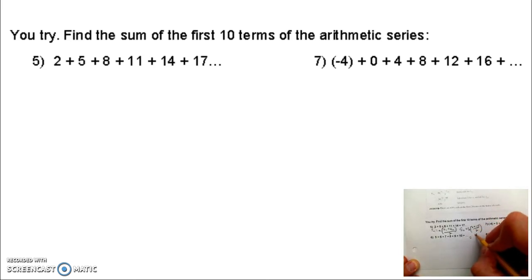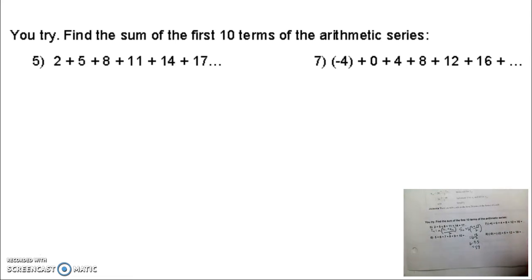So 2 and 17 is 19. 6 times 19 halves, right? So that's 9.5. And you go to your calculator, and you find out that that is 57.